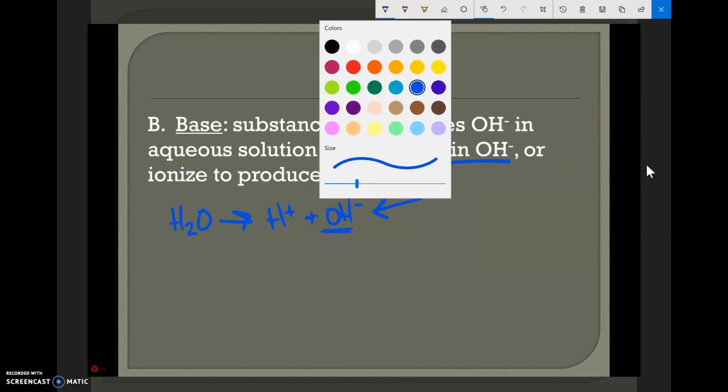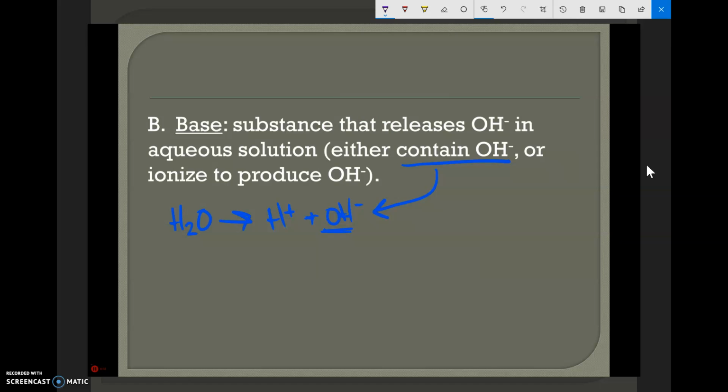On the second part of that, as far as producing, remember ionize is breaking down a substance into ions. So if we have something like sodium hydroxide, and we ionize this, it's going to break down into a sodium ion and a hydroxide ion.